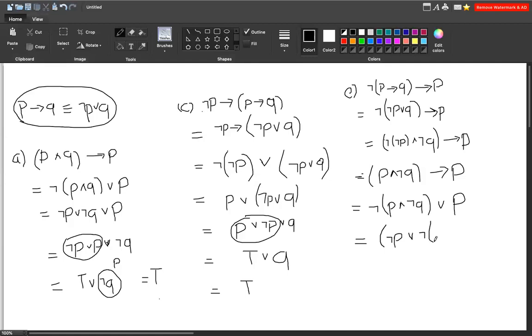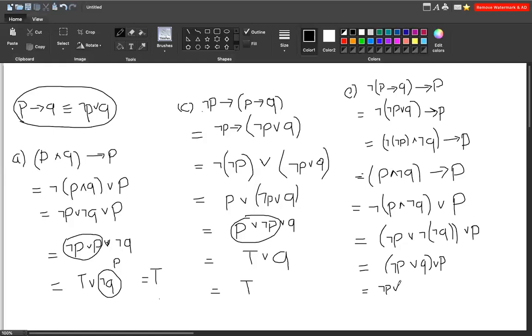Negation of Q or P. This becomes negation of P or negation becomes Q or P. Here, because we don't have anything further to solve, we can just take out the brackets.